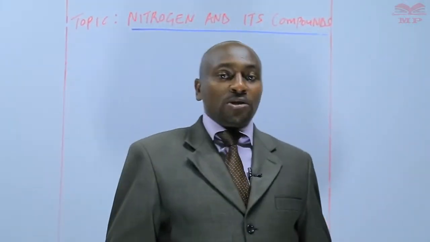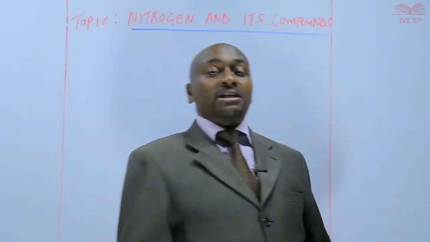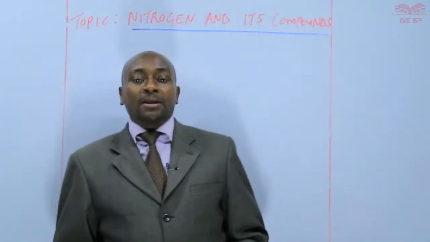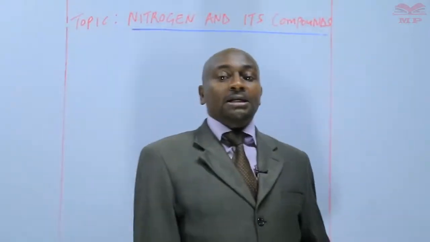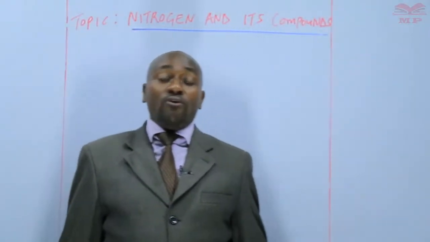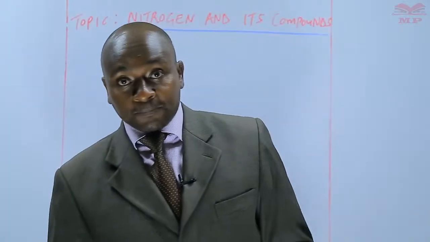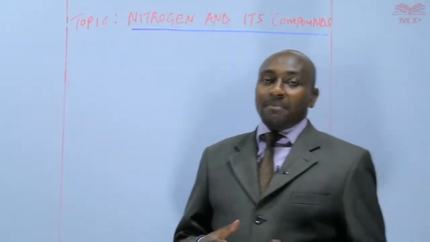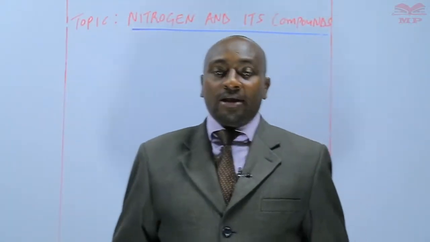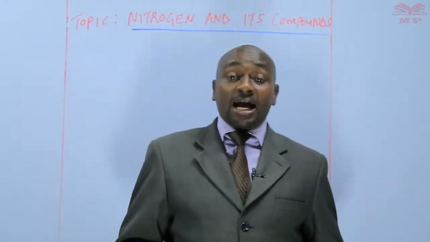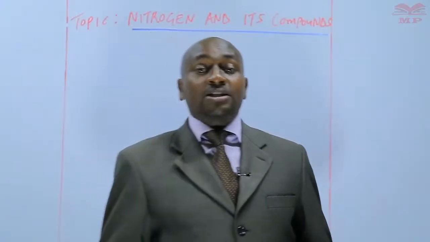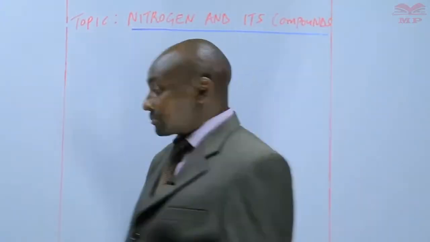Copper 2 ions form a pale blue precipitate with aqueous ammonia. Iron 2 ions form a pale green precipitate, and iron 3 ions form a brown precipitate. So we'd like us to have a summary of the colors of precipitates formed by different ions when they react with aqueous ammonia.